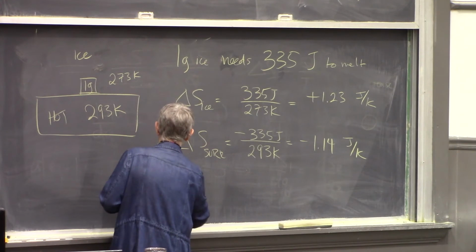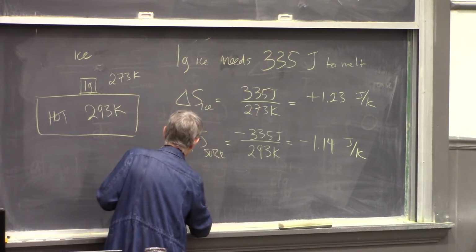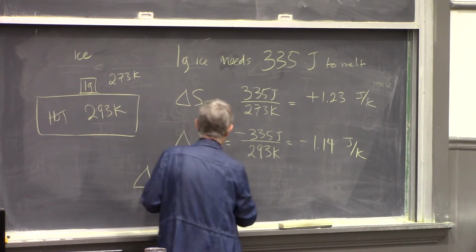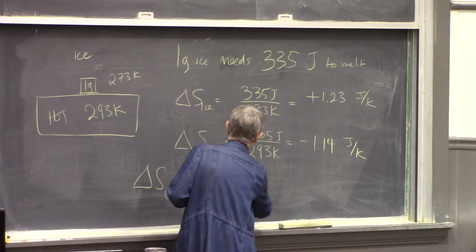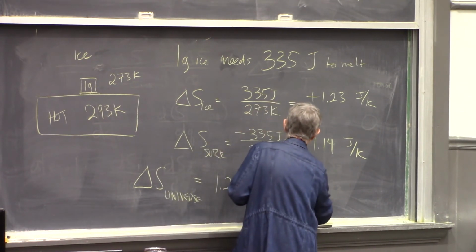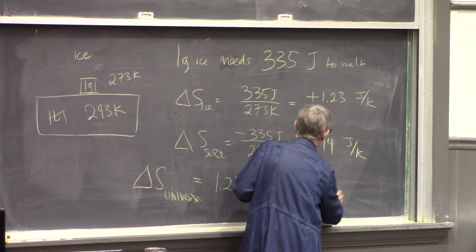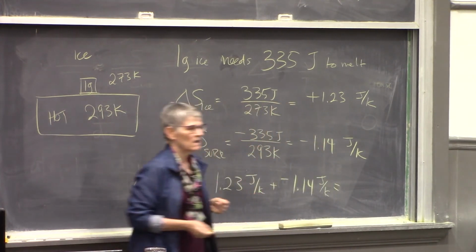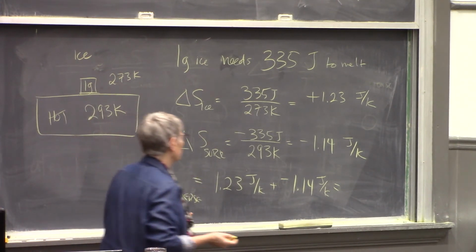So the change in entropy of the universe is equal to the change in entropy of the ice plus the change in entropy of the block, and we actually get a positive number, a small but positive number.